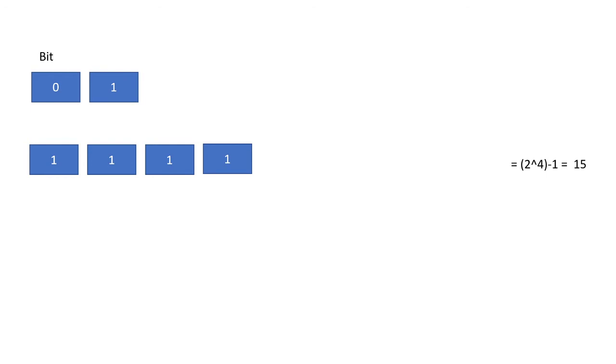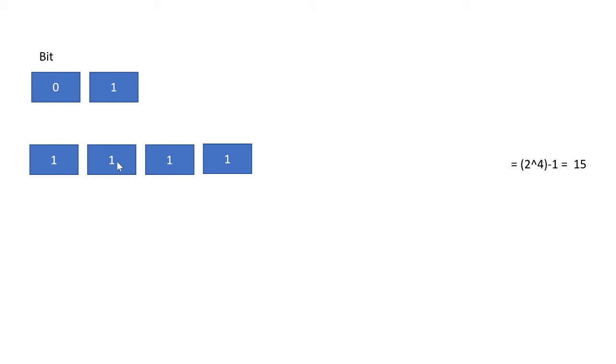The very basic building block or the very basic unit of storage in a computer memory is a bit, and a bit can store a 0 or a 1. We will typically have multiple bits or a block or array of bits to store data. So for example, here I have in this example 4 bits storing data, and the highest value that these bits can store is all the bits having one set on them.